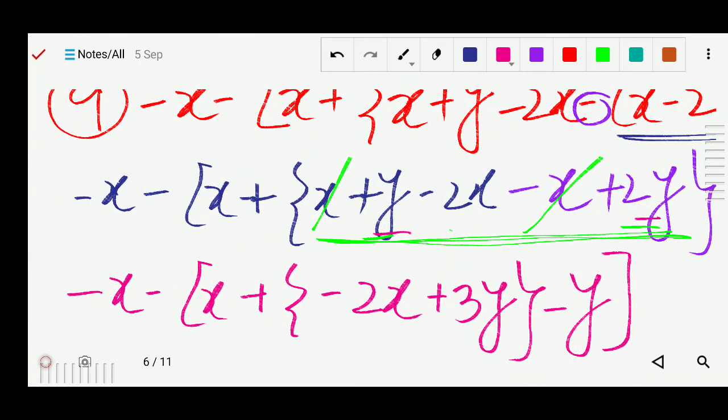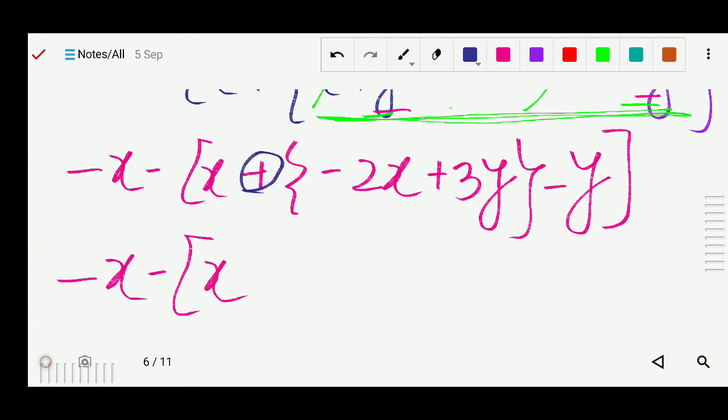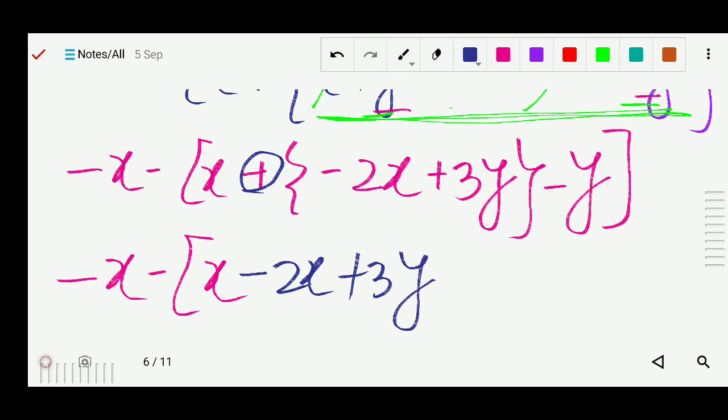Now next step we will solve the next one, so we will remove the next bracket, so here is the plus sign, so there will be no changes, we will write the same, so minus 2x plus 3y, okay, now here is the minus y, so this also write minus y.